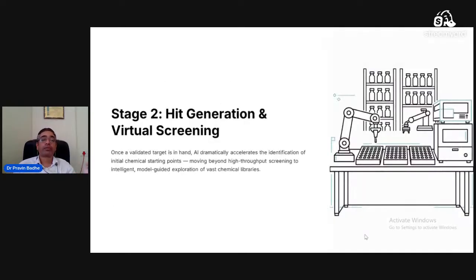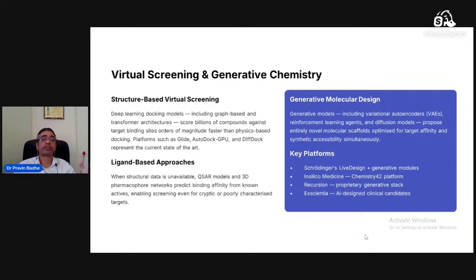Now, with hit generation and virtual screening, what has changed is that virtual screening and generative chemistry have been implemented with the help of AI, because deep learning models are being utilized for docking purposes. So you can have graph-based or even transformer architectures where billions of compounds can be scored for the target, where the binding sites are the major part.